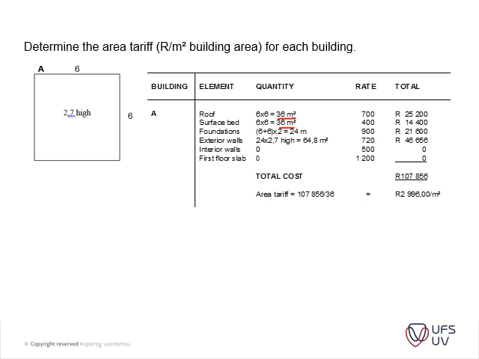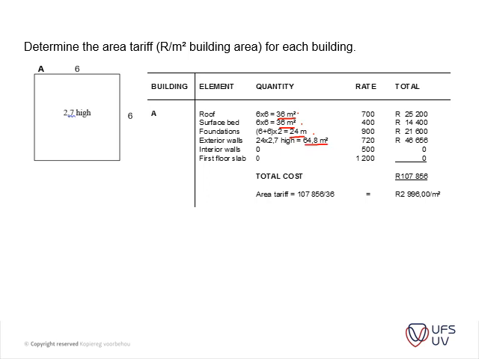Then your foundations you measure in length. Just remember in your previous slide, make sure that these units actually correspond with the rates that are given. Then you've got an exterior wall of your length, which is 24 meters times 2.7 meters high.